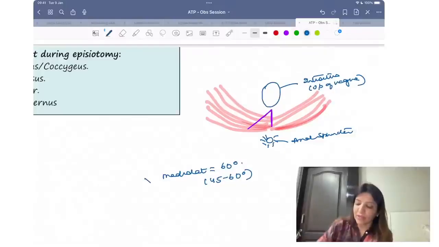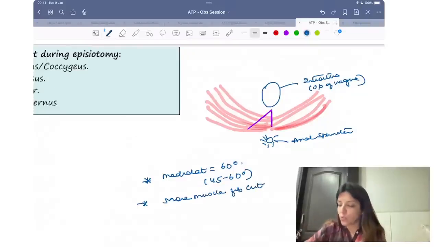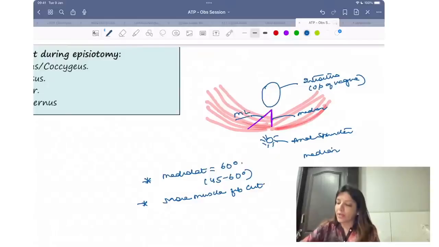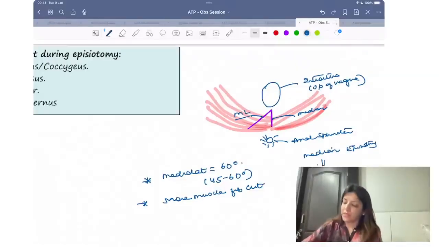Now, when you are giving a mediolateral episiotomy, the important point is that more muscle fibers are cut. When you are giving a median episiotomy, the important point is that less muscle fibers are cut.